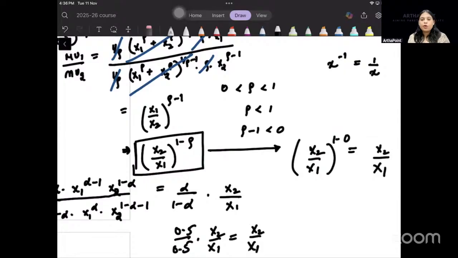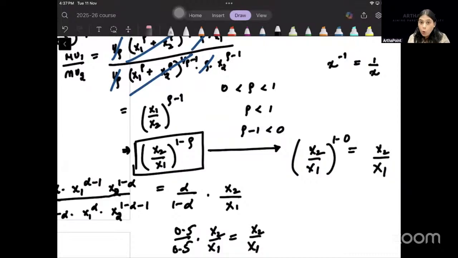Functions which have the same MRS are similar in nature, because one can be a monotonic transformation of the other. Only then do they have similar MRS.